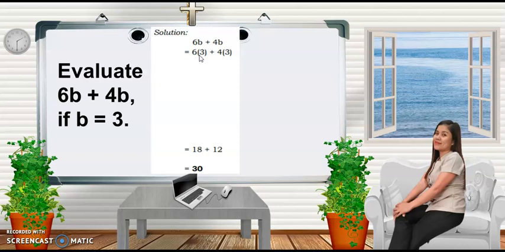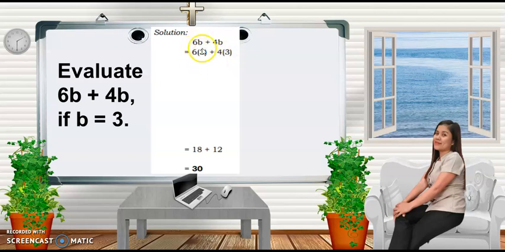Since there is no plus or minus between 6 and b, and the same with 4 and b, that means the operation is multiplication. Hence, 6 times 3 plus 4 times 3.